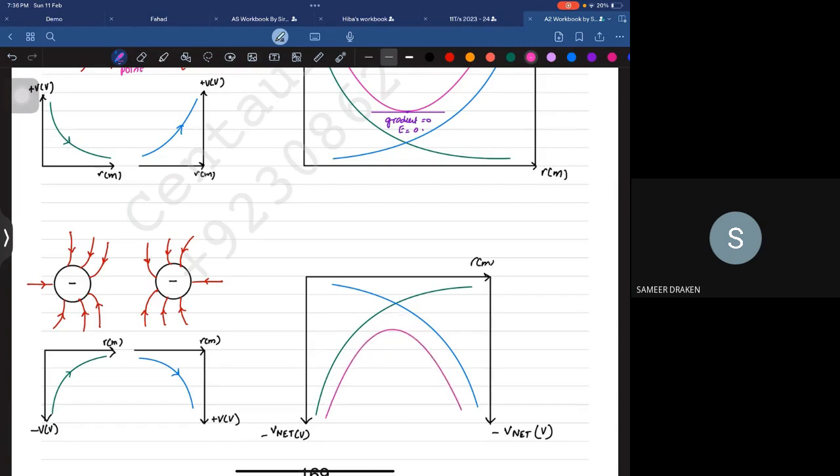Which basically means if you draw a tangent right here, it's going to give you a horizontal flat line, which means electric field strength here is zero. And the reason is because these are repulsive fields, right in the middle you will see an electric null point right here.